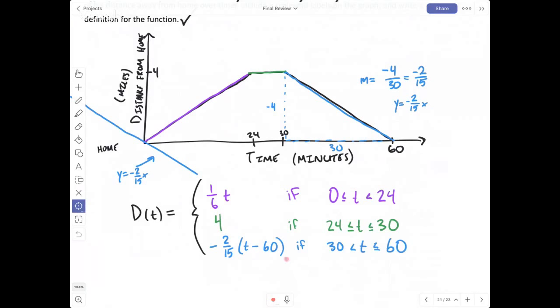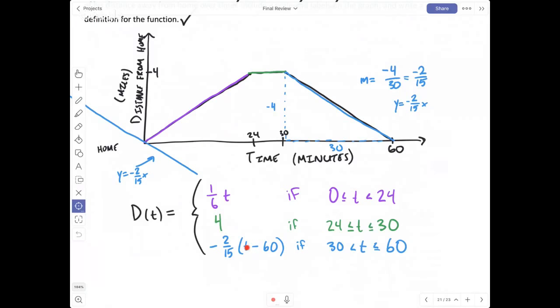So what I did, instead of telling Vu that he should teleport to a negative distance away from home, was say, let's put the function in the right place. And I could have, in order to put the function in the correct place, translated it up, but I didn't really know what the y-intercept was. What I could see really clearly was that the x-intercept was at 60. So I said, what should we do? Well, let's take this blue line and move it over here, right 60 spaces.